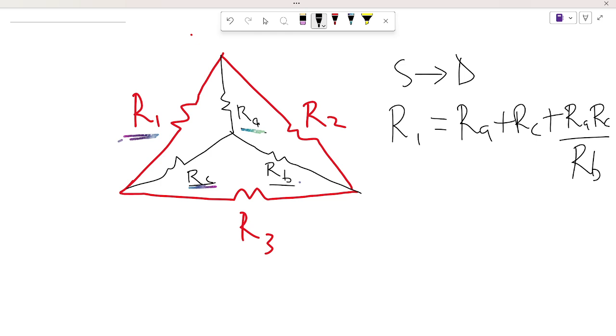When you are converting from star to delta, once again, you look at the ones directly adjacent to it, in this case RA and RC. You first add them, RA plus RC, then you add the multiplication of those two, all over the very last resistance, that's RB. Okay, so we are also going to do that for R2.